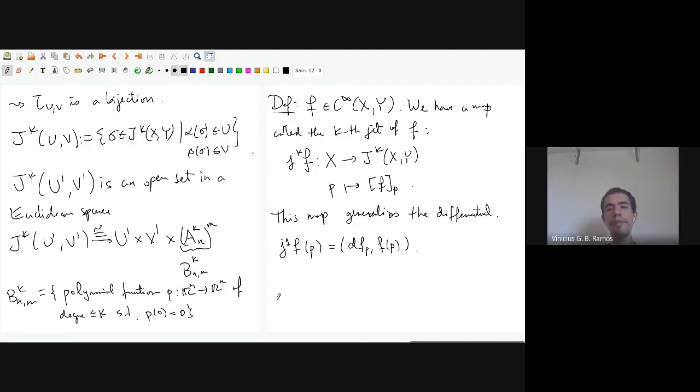But I think the problem is that it's not a finite dimensional manifold, for example. Because now the charts are going to take values in the set of infinite polynomials. I mean, they're not polynomials anymore. They're series.